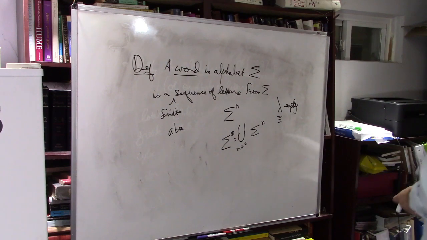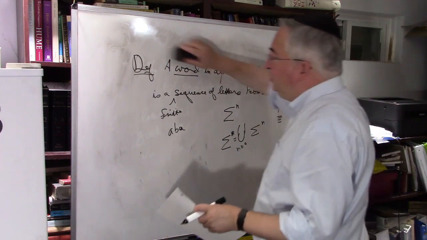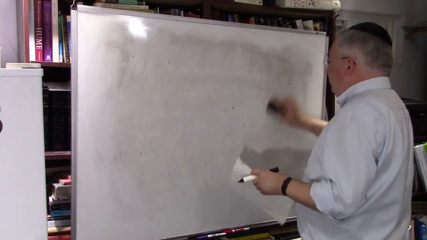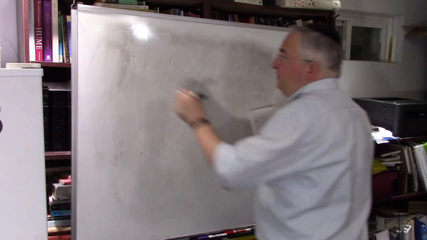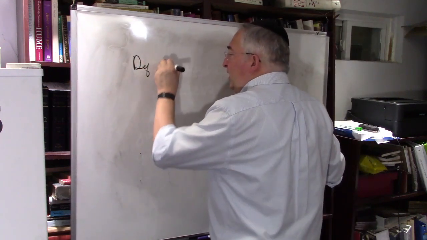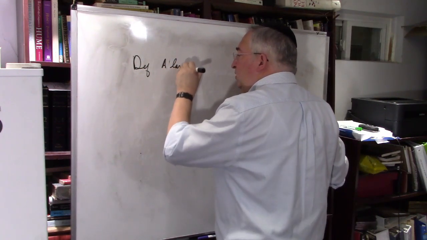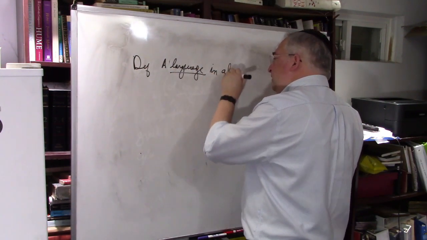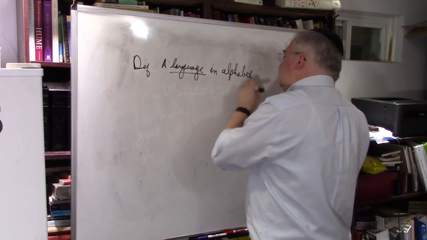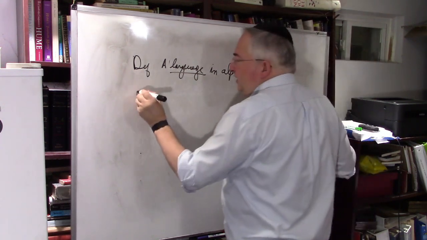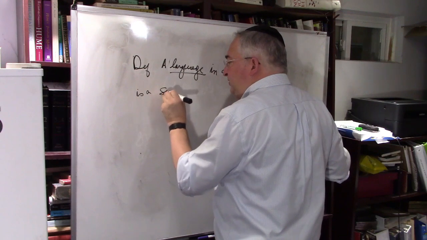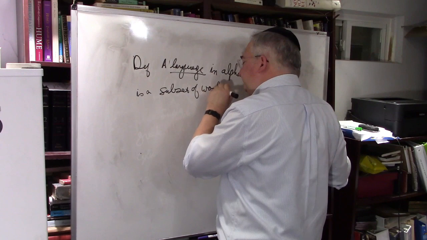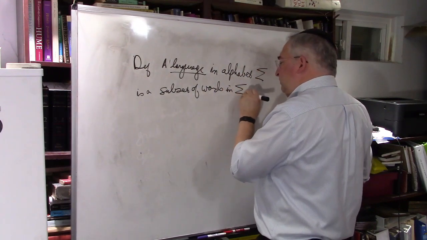So we have the definition of an alphabet and the definition of a word. Now let's talk about what a language is. Definition: a language in an alphabet Sigma is a subset of words in sigma.